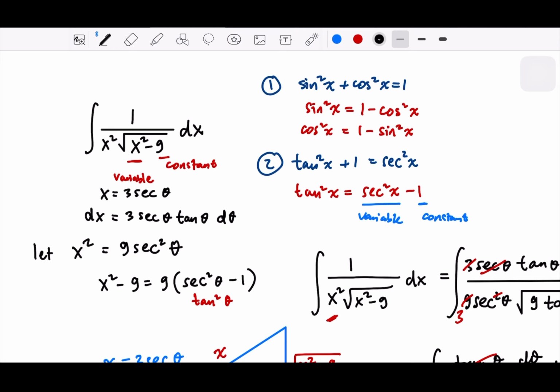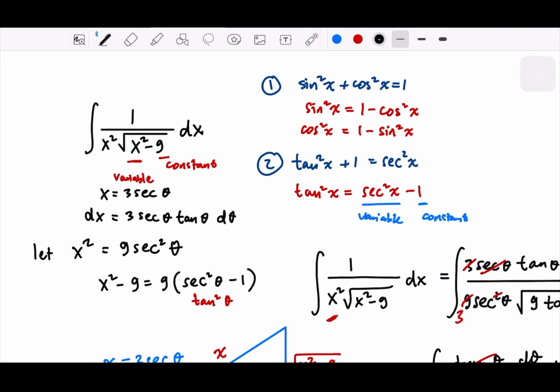So that's why we take 3, so when we square it, it becomes 9. So 9 secant squared minus 9, we can reduce that into 9 tangent squared. So we get 3 tangent theta.